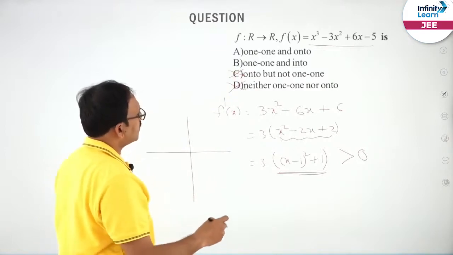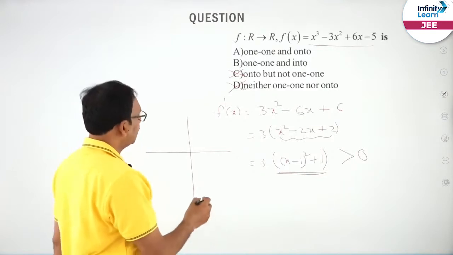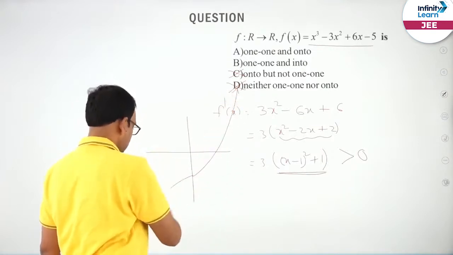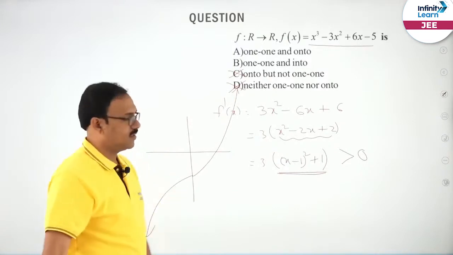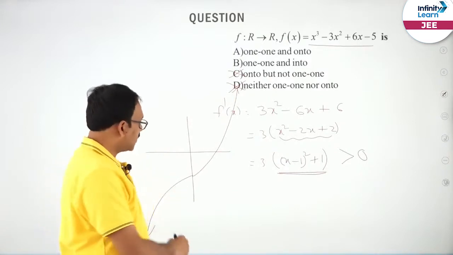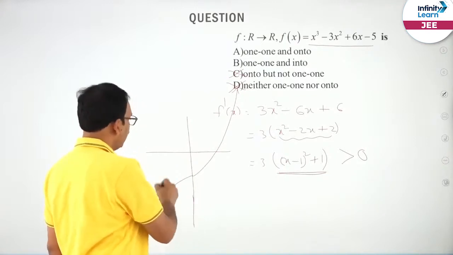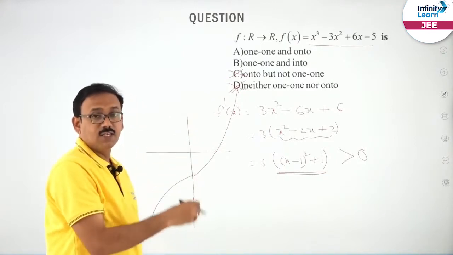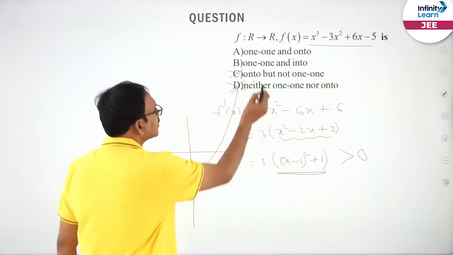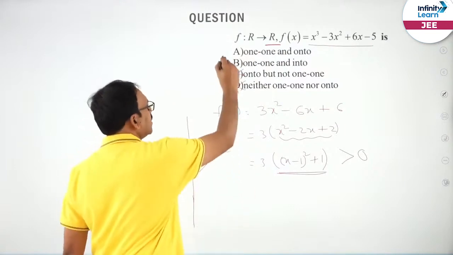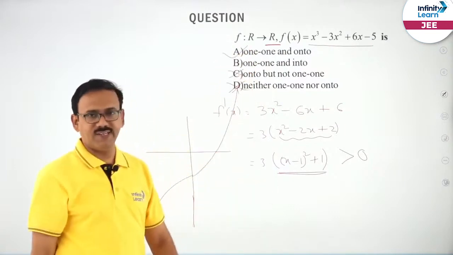So, friends, I can say that, you see, when x is 0 it is minus 5, the function goes like this, that is it. It is strictly increasing and goes from minus infinity to infinity, so the range is R, whereas the codomain is also R, so it is onto. So, it is 1-1 and onto, my dear friends.